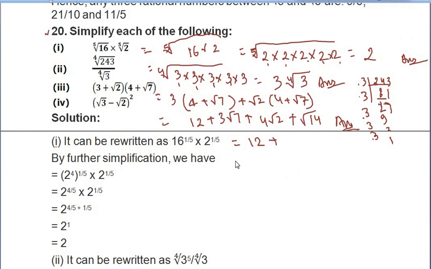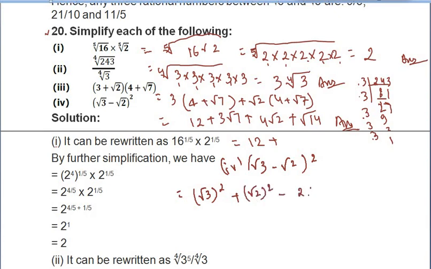Then how can we solve this fourth one? In the fourth one it is under root 3 minus under root 2 whole square, as you have already read the formula of a minus b whole square. a minus b whole square is a square plus b square minus 2ab, where a is under root 3 and b is under root 2.